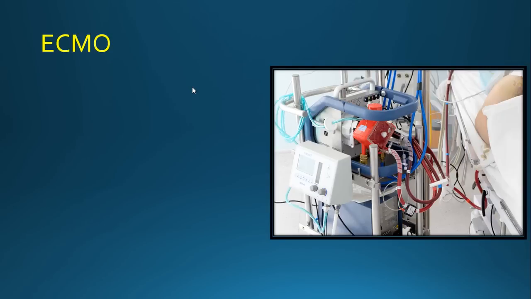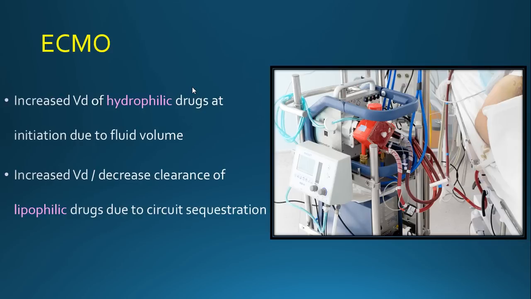Now if we start ECMO, the question can come: drug dosing in the critically ill patient with ECMO. It is altogether different. We just have an idea of how ECMO can affect it. Increased volume of distribution for hydrophilic drugs, because of so much volume of distribution, and even increased volume of distribution or decreased clearance of lipophilic drugs due to surface sequestration. I am giving you just one or two points only.